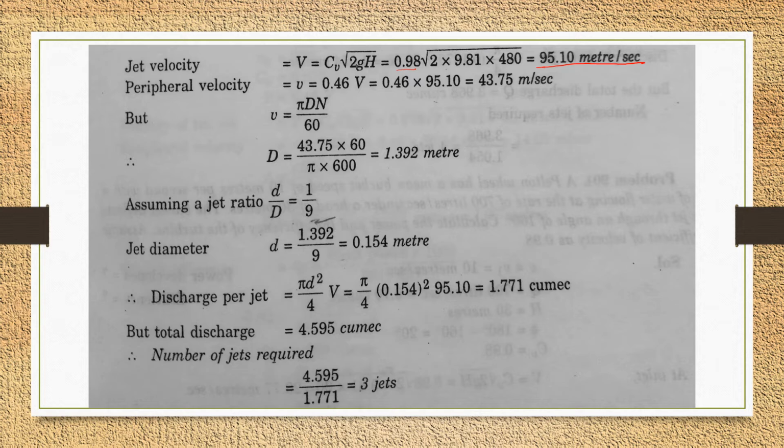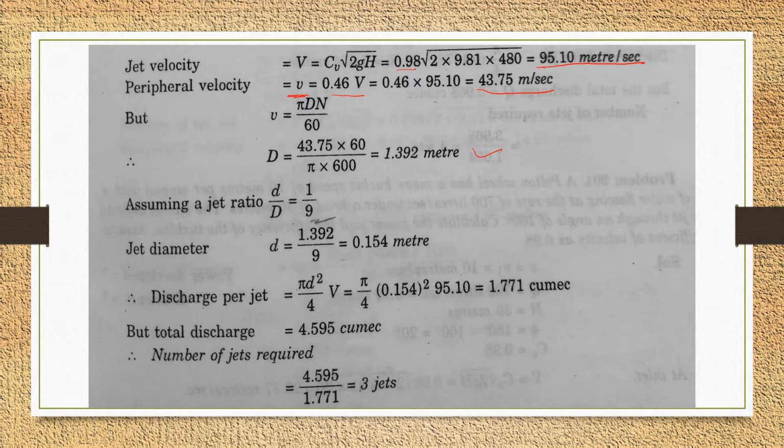Using the speed ratio, the peripheral velocity is 0.46 of jet velocity, which comes out to be 43.75 meters per second. We use this velocity in the expression to find the diameter of the wheel.